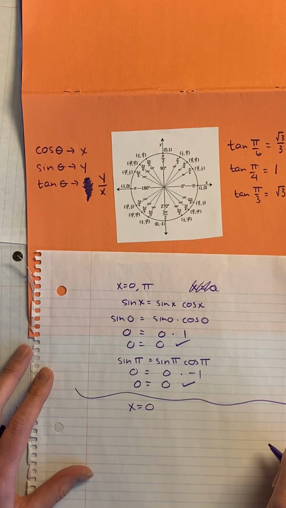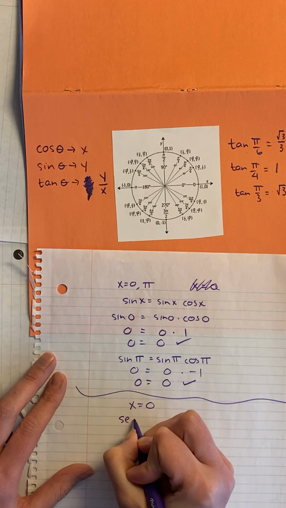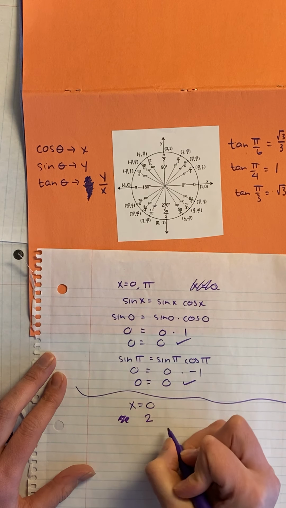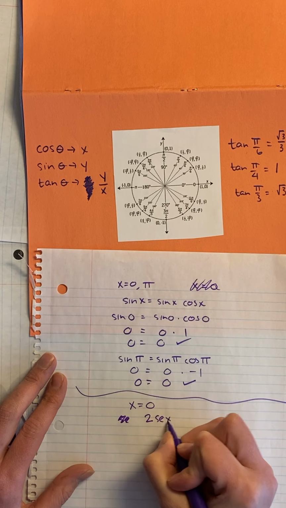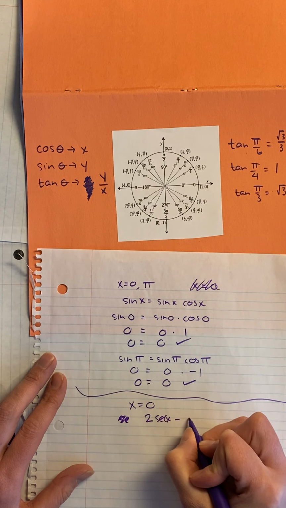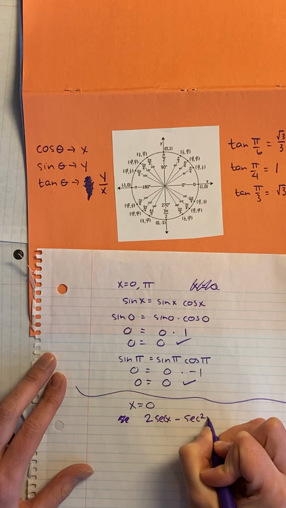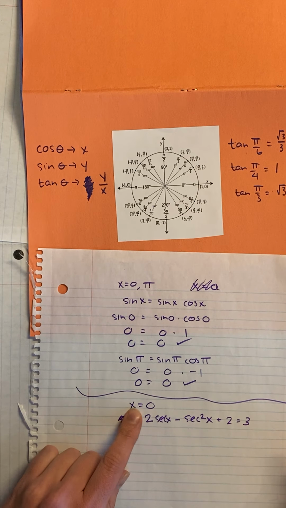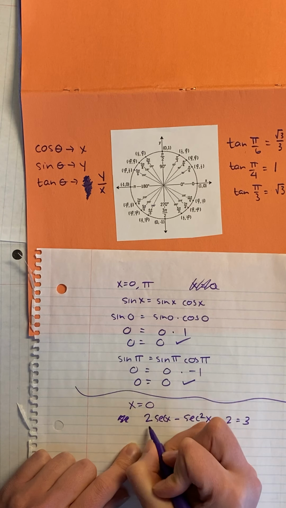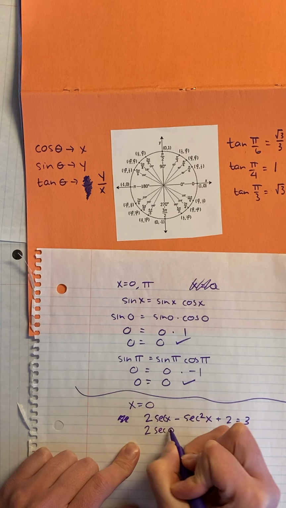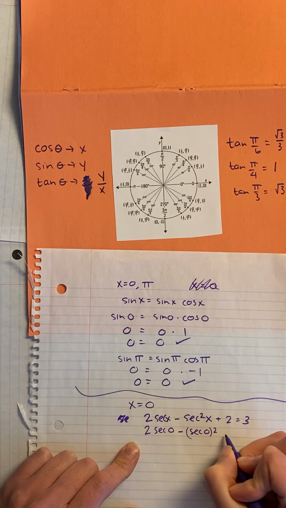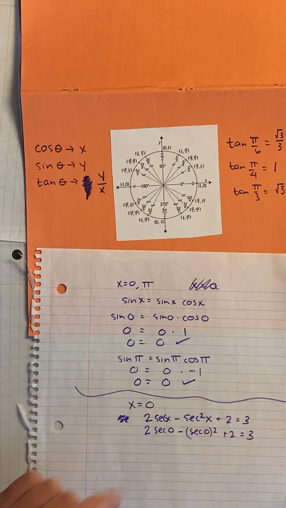So I'm going to take the equation, secant x minus secant squared x plus 2 is equal to 3. Now you know that x, the angle measure, is 0. So it'll be 2 secant 0 minus secant of 0 squared plus 2 is equal to 3.